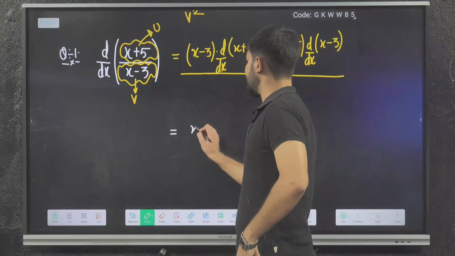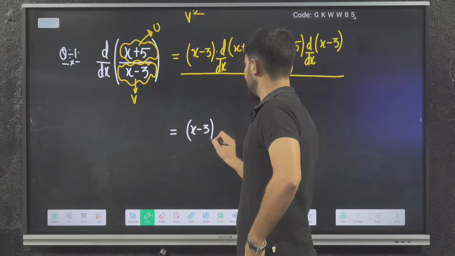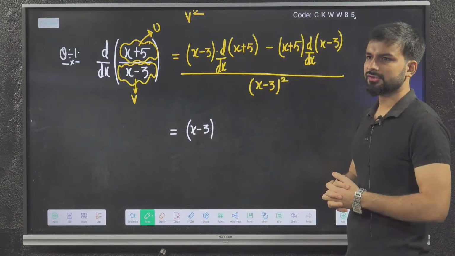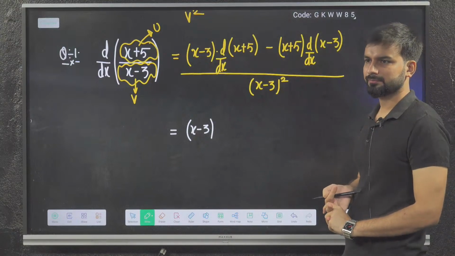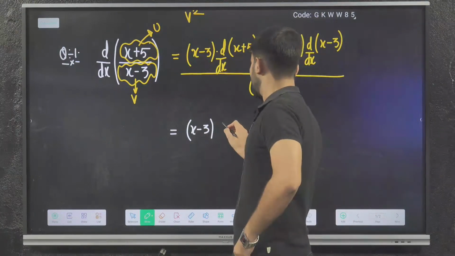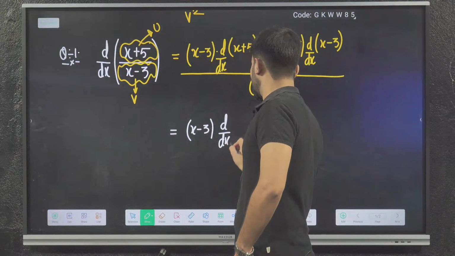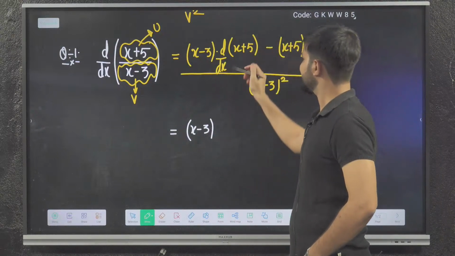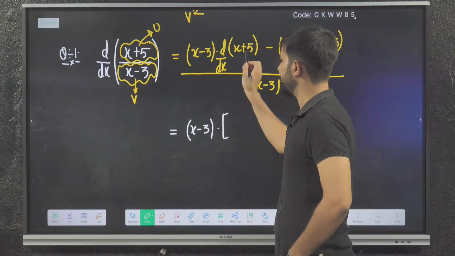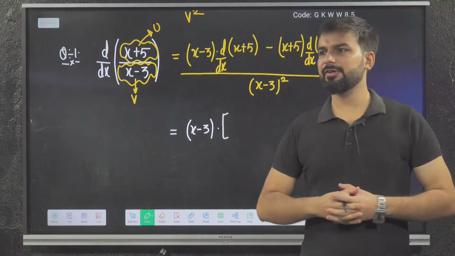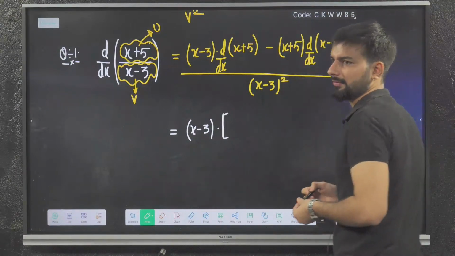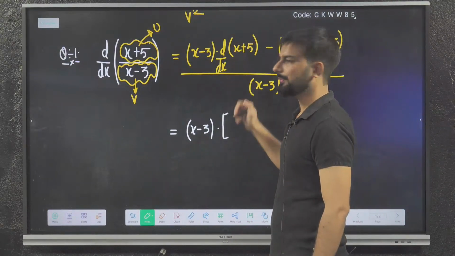So this will be x minus 3. Next you'll be having d by dx of x plus 5. What is the differentiation of x plus 5? Differentiation of x will be 1.